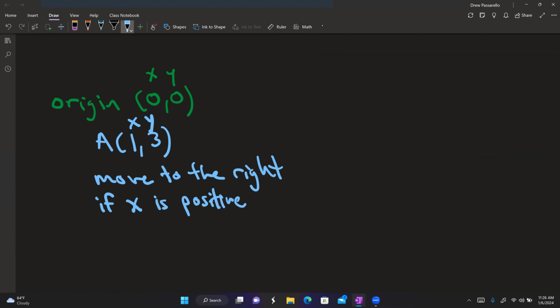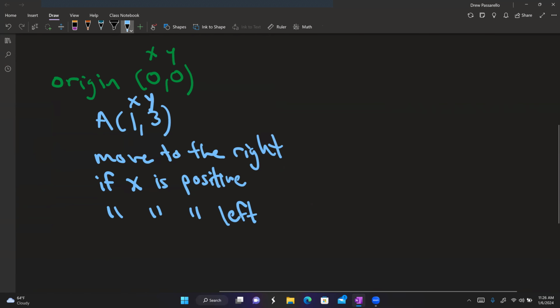All right, and if x is negative, you would move to the left if x is negative.